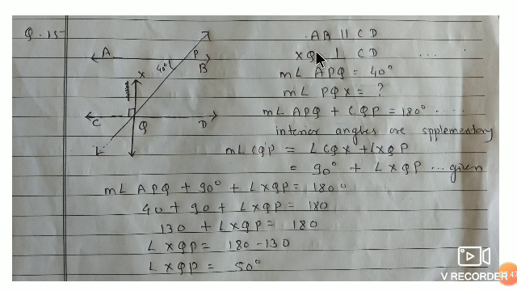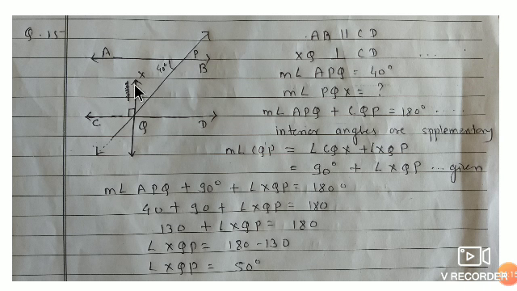So let's start. AB is parallel to CD and XQ is perpendicular to CD. Angles APQ and CQP are the interior angles. That's why they are supplementary. Their sum is 180 degrees. But this CQP is divided into two angles, CQX plus XQP.